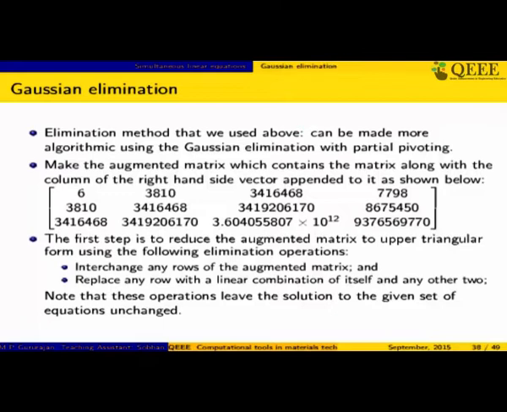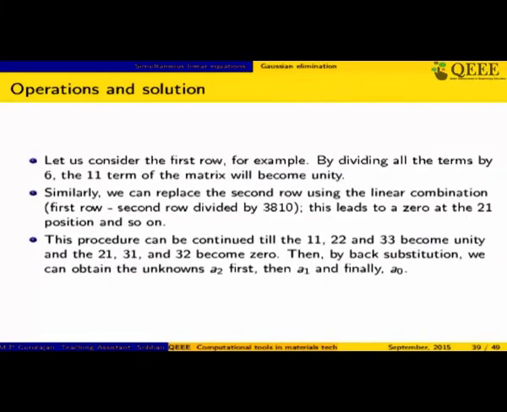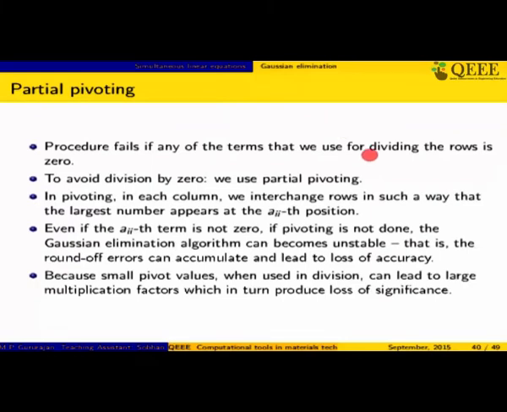So this kind of exchange of rows to get the largest number at the diagonal position is known as partial pivoting, and if the ith term is not 0, then we interchange.